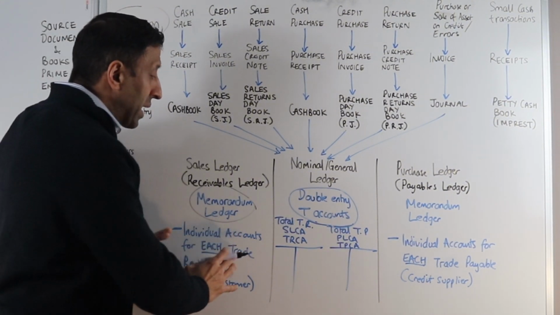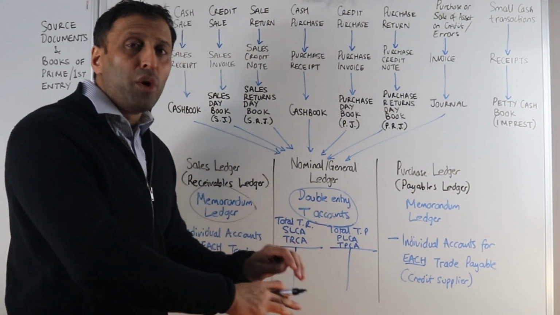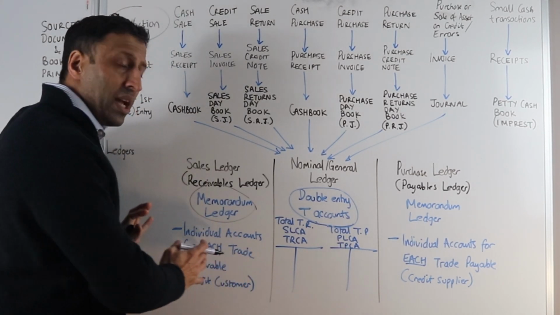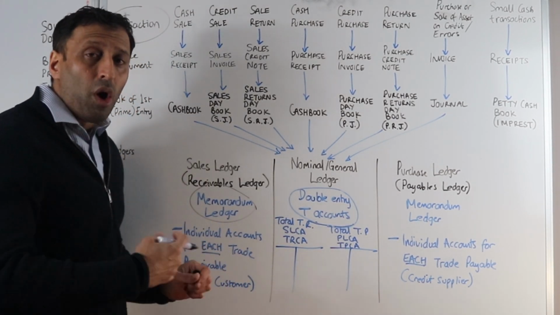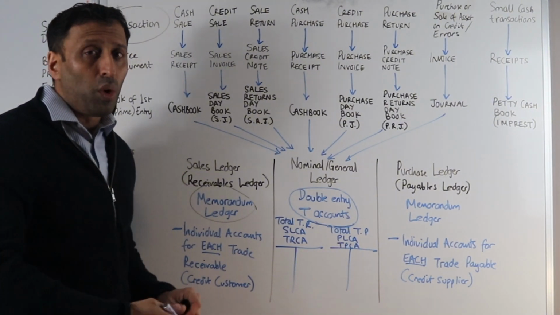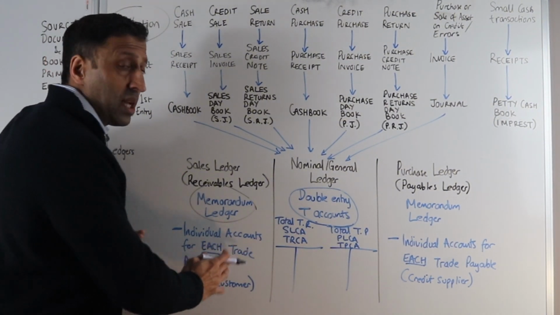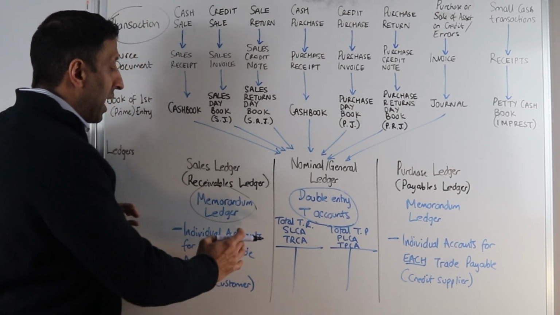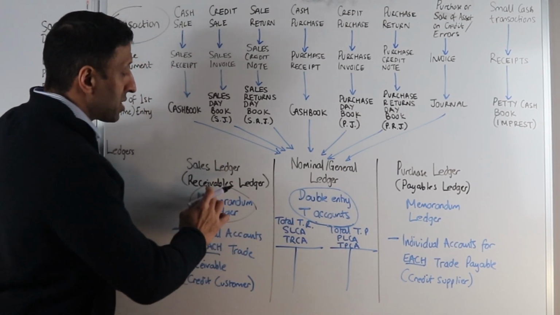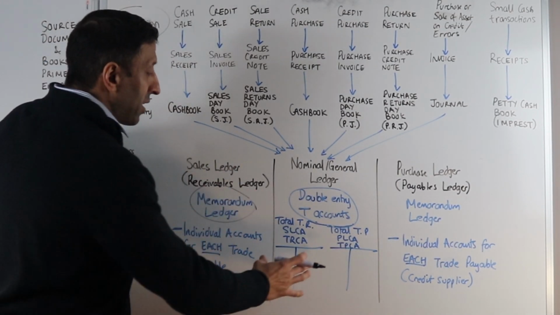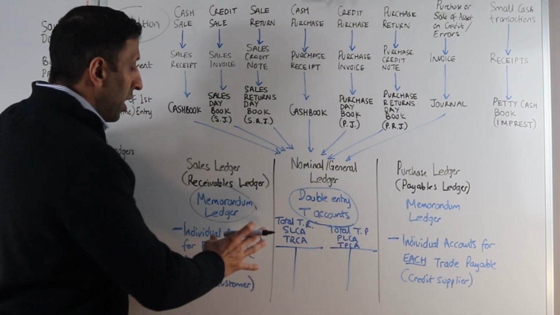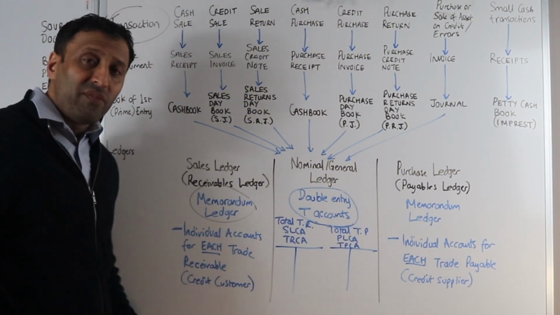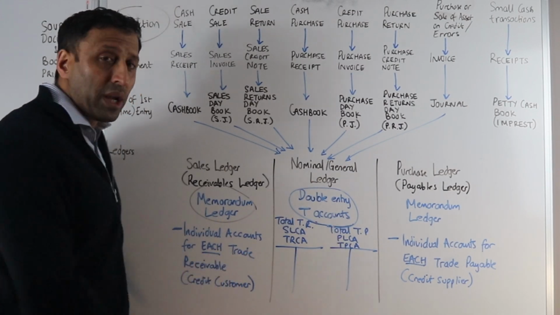And we have individual accounts because this account over here only summarizes all of them, and sometimes we need to know how much individual trade receivables owe to our business. If we're going to give them a call to chase a payment, we need to know how much the individual trade receivable owes us, and that individual account is kept inside the sales ledger, otherwise known as the receivables ledger. And the total trade receivables account, the balance owed to us on that, should match the total of the individual accounts owing to us as well.